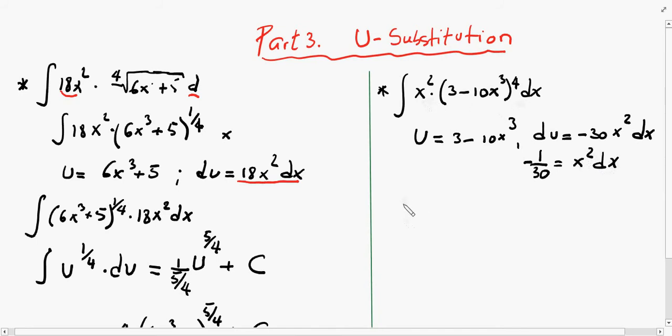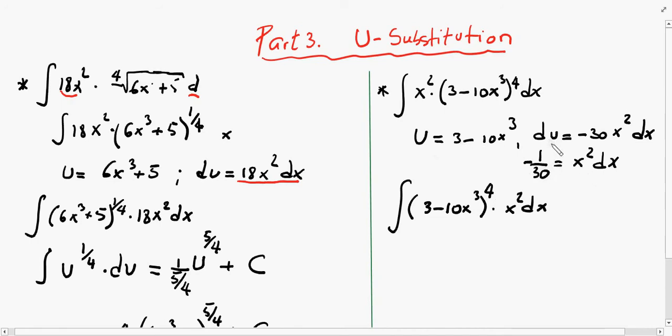So we will rewrite our integral like this: 3 minus 10x to the power of 3, to the power of 4, times x to the power of 2 dx. Now we're just going to replace this value by u and that other one by du.